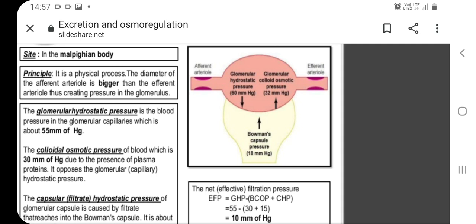So, the effective filtration pressure is equal to 10 mm of mercury.